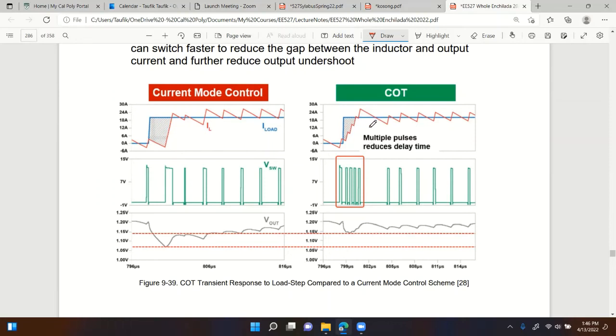Now look at COT on the right-hand side. It's the same step up, as you can see, from 0 to 20 amps. But look how fast the output voltage follows, or tries to compensate for that. Here you have a delay, but over on the right side, as soon as the output current goes up real high, the output voltage drops quickly.